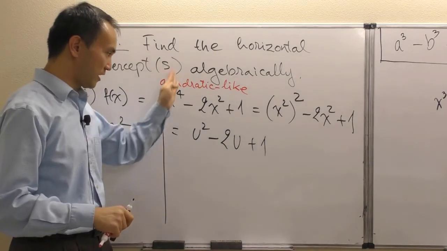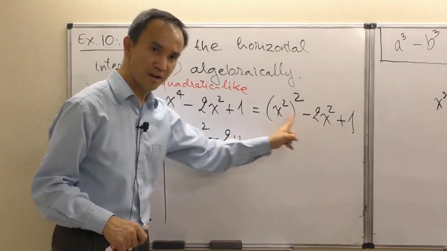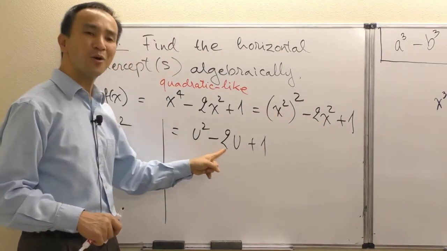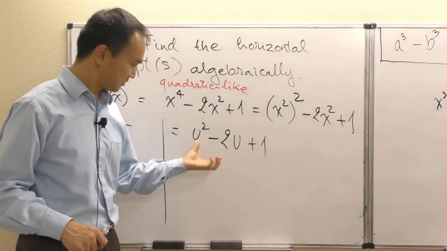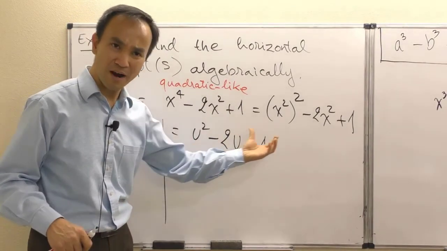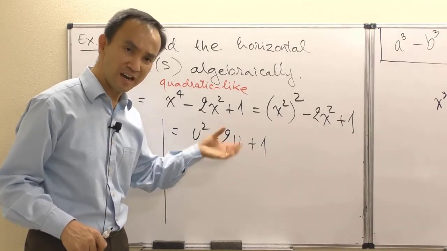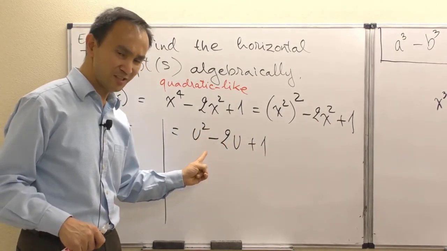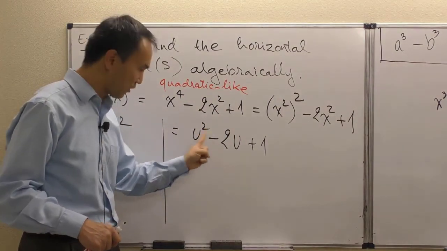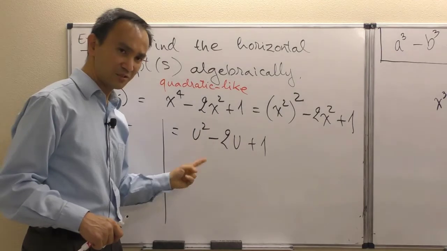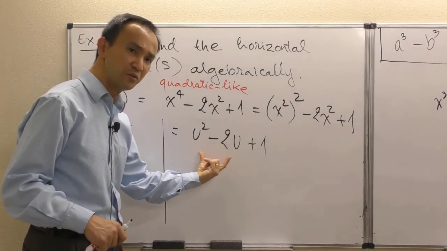It has degrees 4 and 2 and a constant, because when we substitute the x squared away, we end up with a quadratic. Now with this quadratic, we can check with the b squared minus 4ac to find out if we can factor. I want students learning from this lesson to double check that to see if we can factor this quadratic in terms of u.